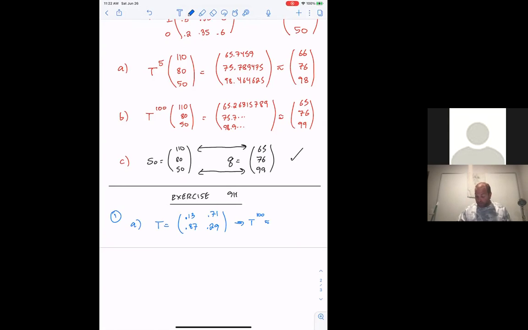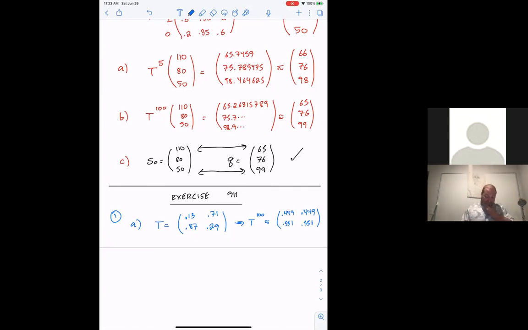I'm going to edit a 2x2 matrix, 0.13, 0.71, 0.87, 0.29, and take it to the 100th power. So how do I know that's high enough? As long as the columns are the same, then I know that I've reached the point where it's a long-term probability matrix.